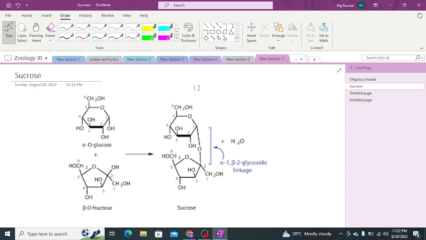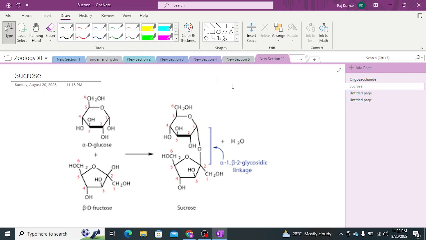So, what is it actually made up of? It is made up of alpha D glucose. D represents dextrorotatory glucose, which means that in dextrorotatory glucose, the hydroxyl group on the second last carbon is present on the right side, and in levorotatory glucose, it is present on the left side.